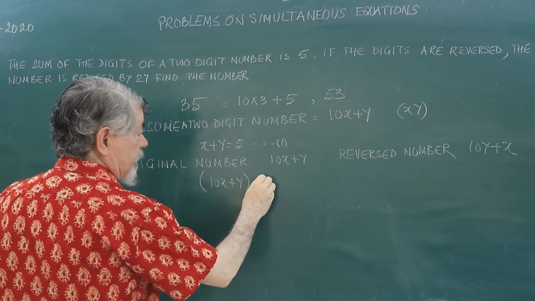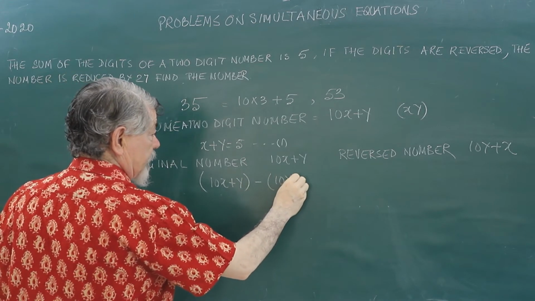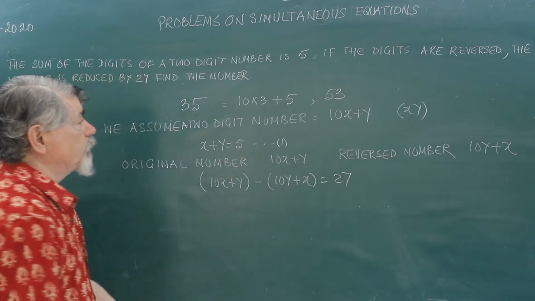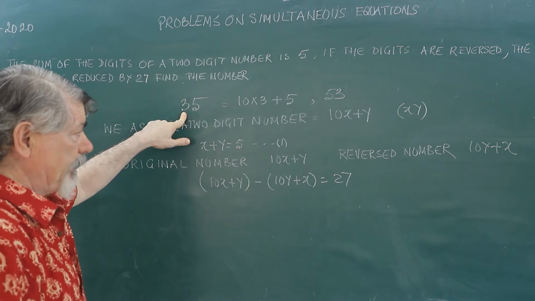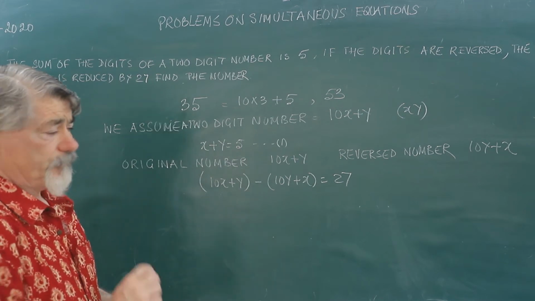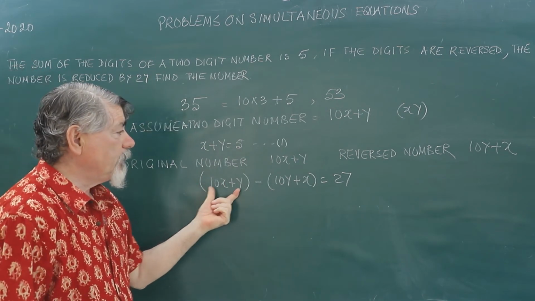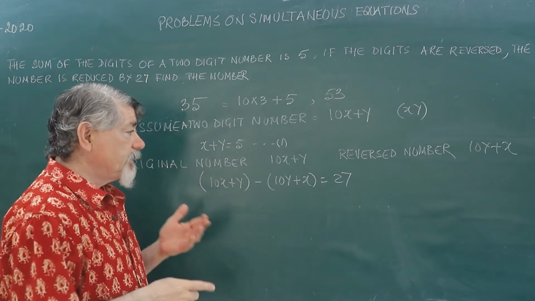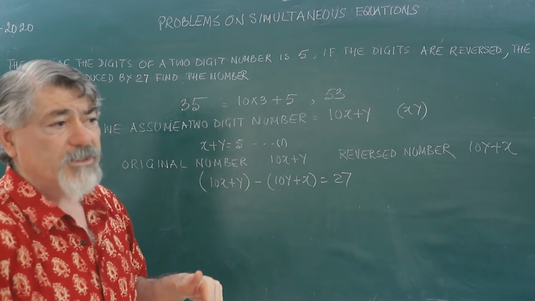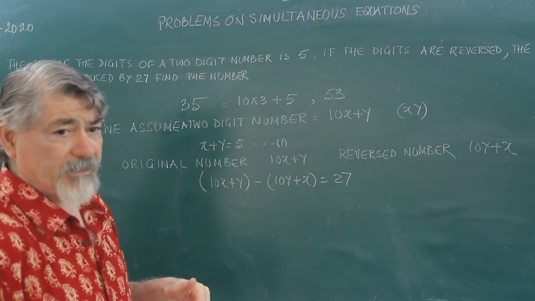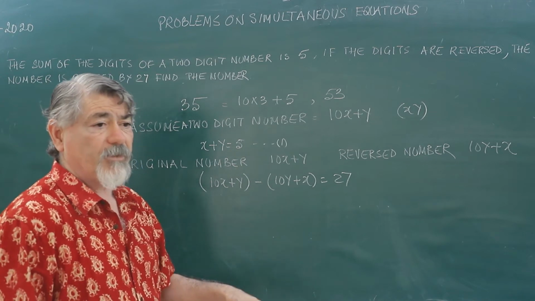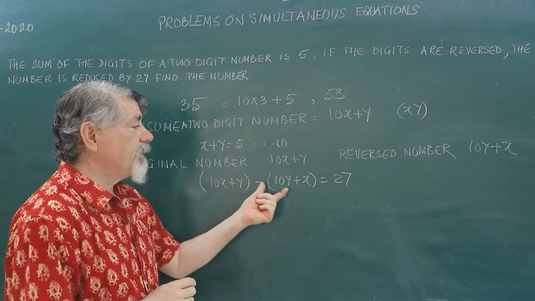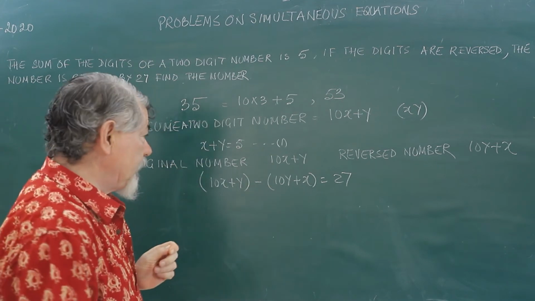If I reverse the digits, we get 10y plus x, and the difference of the two numbers is 27. Original number minus the reverse number is 27. We are saying when the digits are reversed, the number is reduced by 27. That means the difference between the original number and the new number is 27.